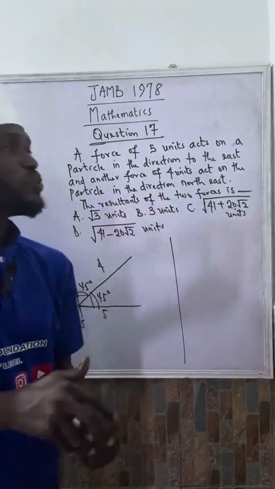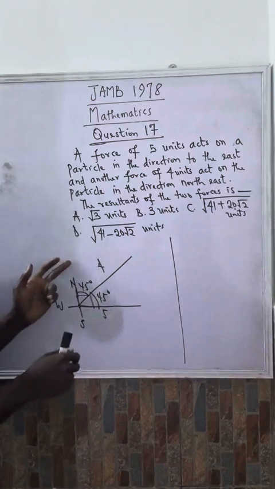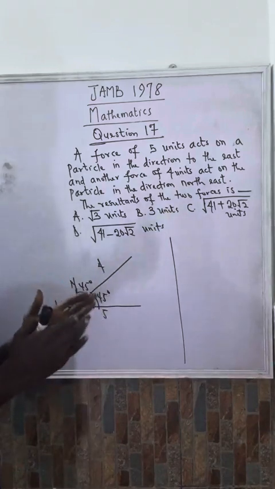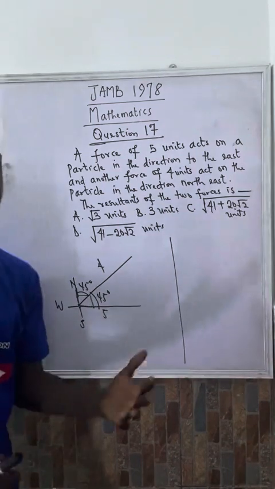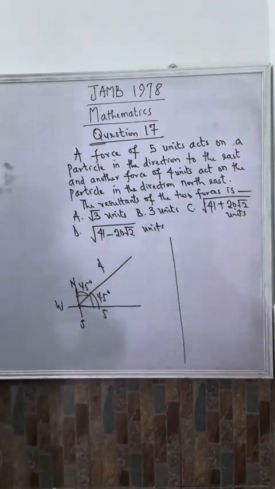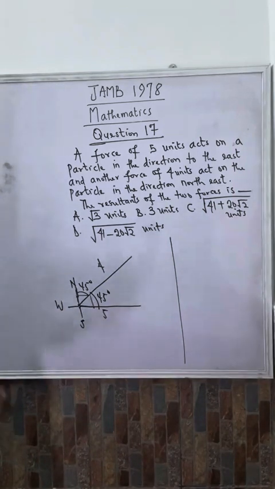So we want to combine the overall effect of the two forces. How do we do that? It's a very simple thing. I can simply resolve this into horizontal and vertical components and get my answer.